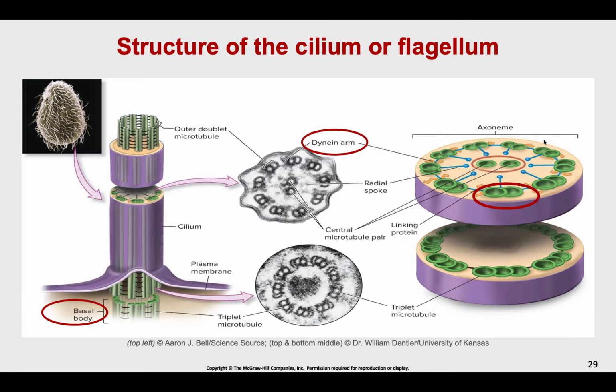Now this works best at a very low pH, and that's why we have these acid hydrolases, acid enzymes. Now we can have many different types of these enzymes to break down different macromolecules. So it's not just one type of enzyme they carry, they can have multiple enzymes. And we can digest molecules that have been taken into the cell by endocytosis.